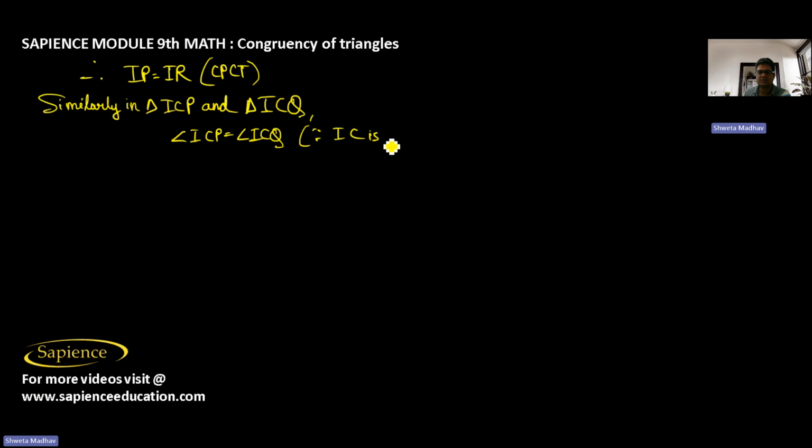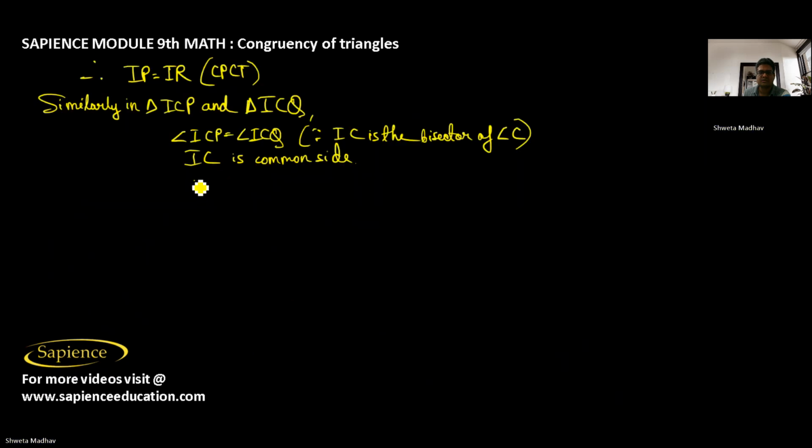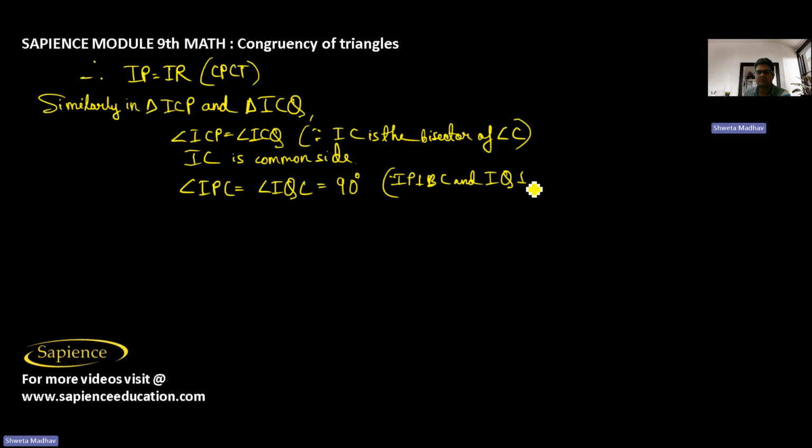Since IC is the bisector of angle C, and IC is the common side. And angle IPC is equal to angle IQC, which is equal to 90 degrees. Since it is given that IP is perpendicular to BC and IQ is perpendicular to AC.